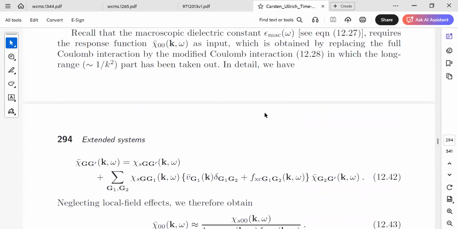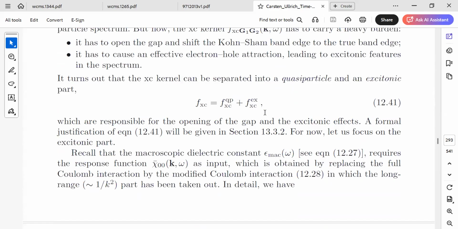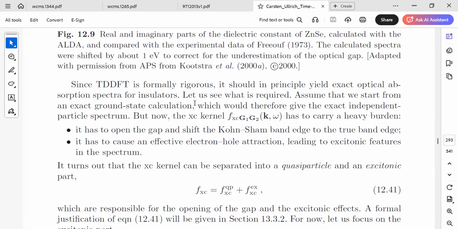And the GW approximation in one way or other is actually going to include those excitonic effects, and particularly the many body effects.